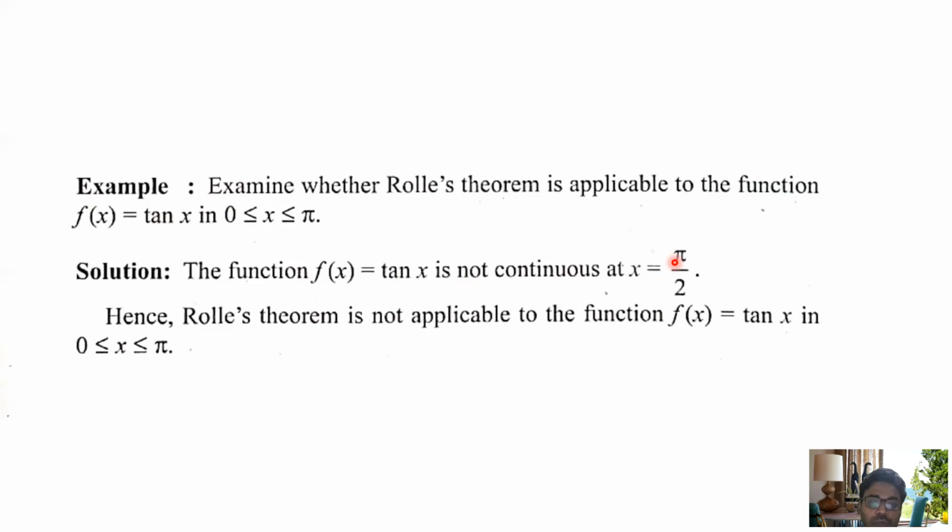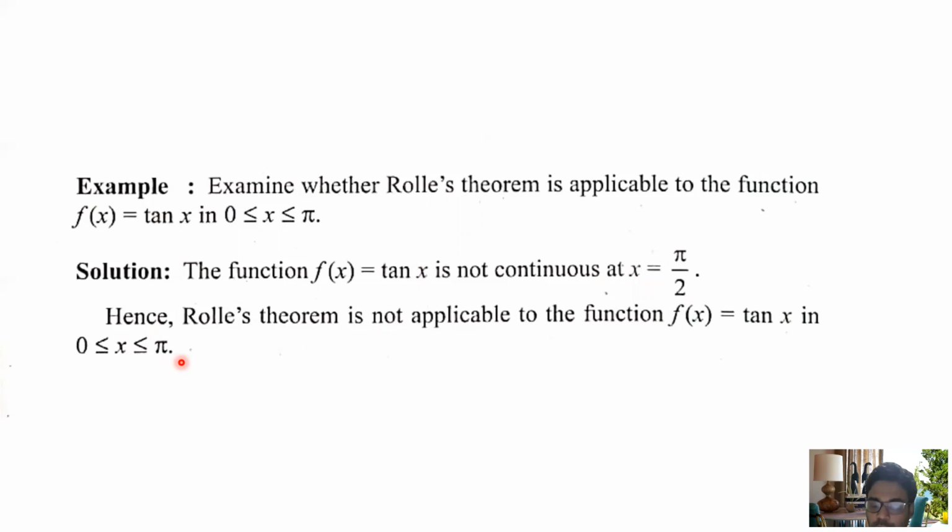Since it is not satisfied, the function f(x) equals tan x is not continuous at x equals pi by 2. Hence Rolle's theorem is not applicable to the function f(x) equals tan x in 0 less than or equal to x less than or equal to pi.